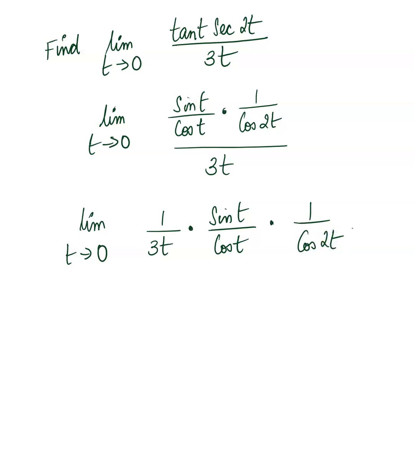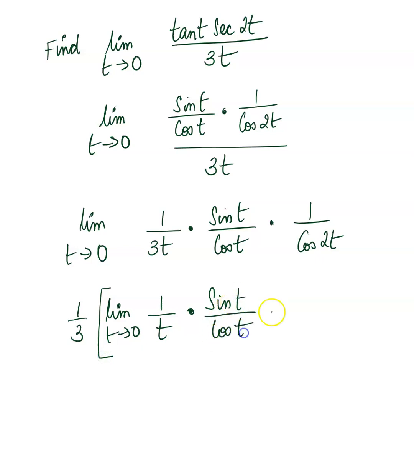Agreed? Now 1 over 3 out of the 1 over 3t can be pulled out, it's a constant. So that's 1 over 3 times the limit of 1 over t times sine t over cosine t times 1 over cosine 2t. Remember again, when we apply t as 0, wherever cosine is, it becomes cosine 0. 2 times 0 is also 0.